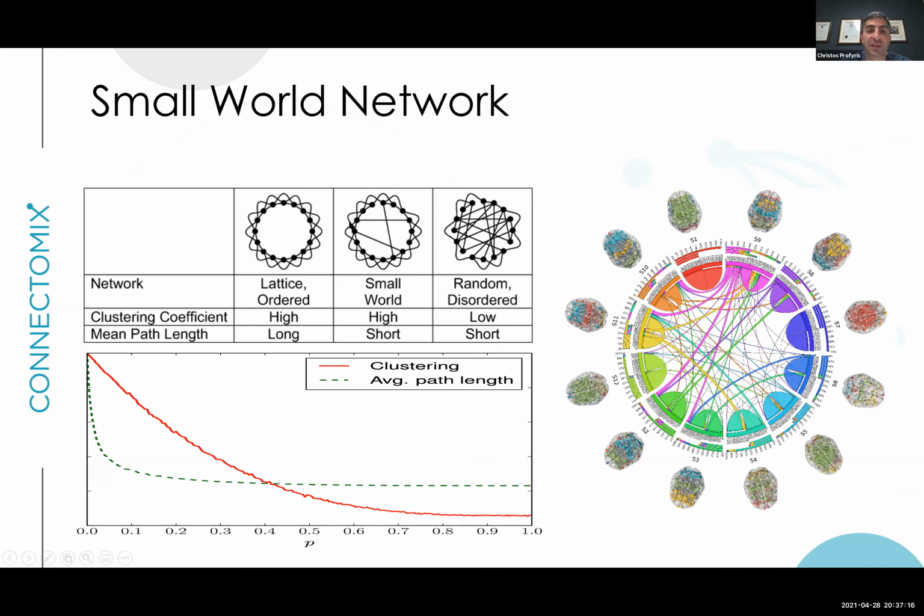So we still have a very efficient network that's able to subspecialize in smaller networks. This is called the small world network. By contrast, if you randomly delete all the edges and connect them randomly, you can get a short mean path length, but you lose your clustering coefficient, so the ability to function in local networks.